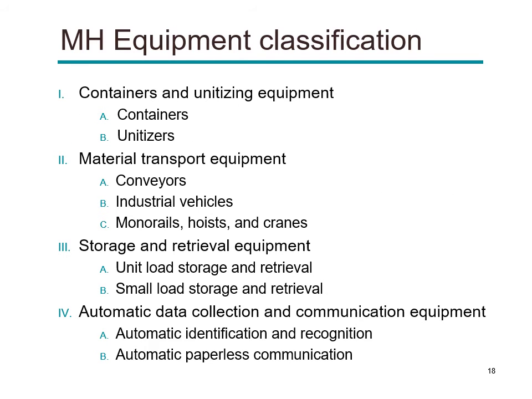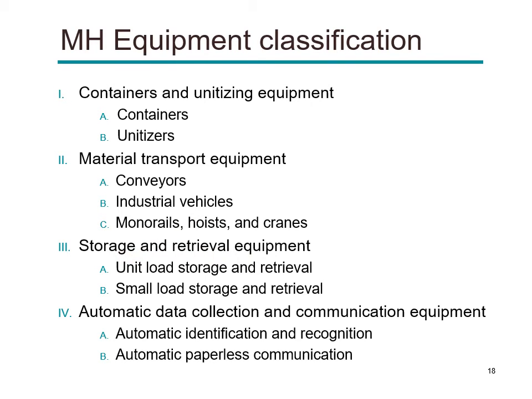So what are the basic material handling equipment types? How can we classify them? We will talk about this in more detail in the following lectures. Basically, we can classify them as containers and unitizing equipments, such as pallets, containers, and skids that we have seen. The material transport equipment, for example, conveyors, industrial vehicles, monorails, hoists, and cranes.